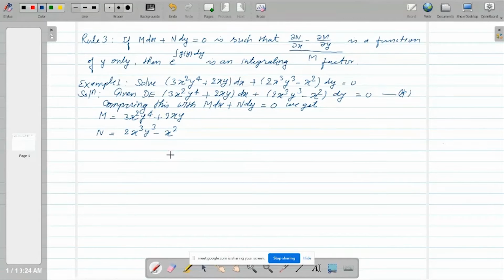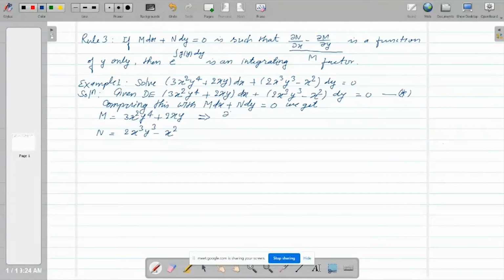Okay, now what do we have to do? We find the partial derivatives of M and N. So let us find the partial derivative of M. We differentiate M partially with respect to y.